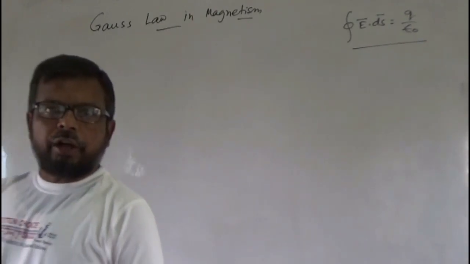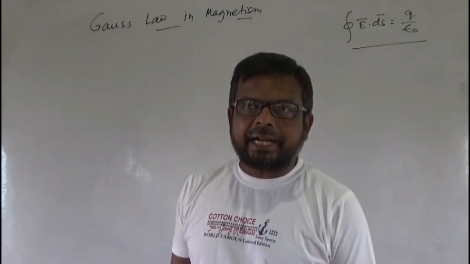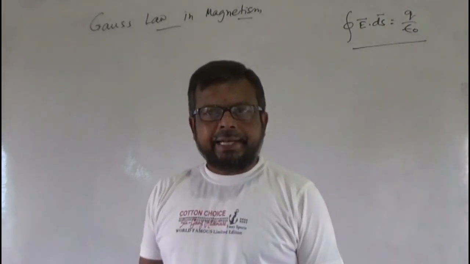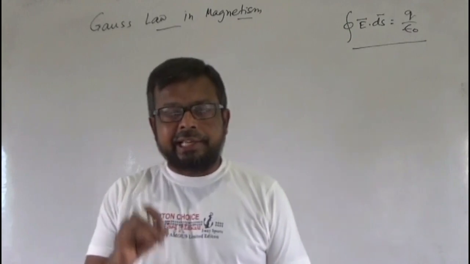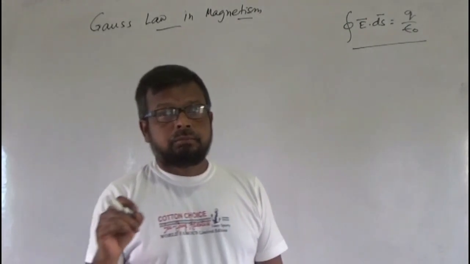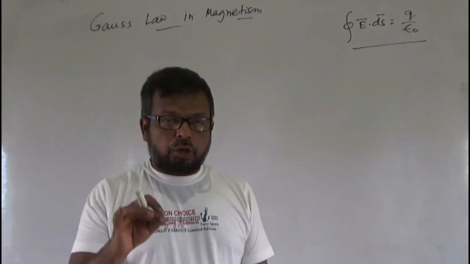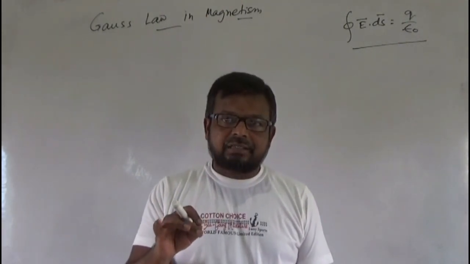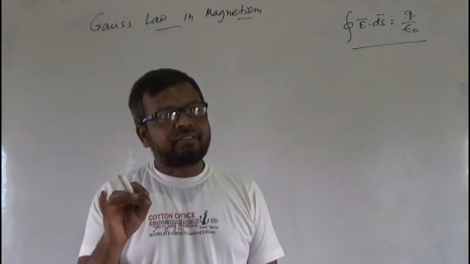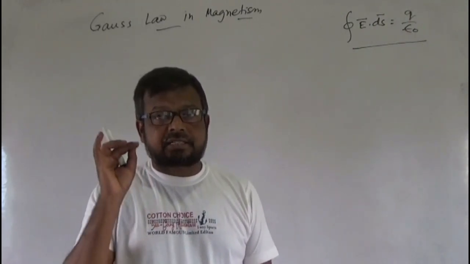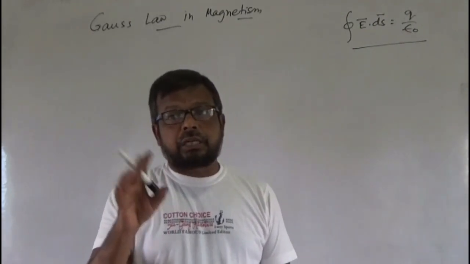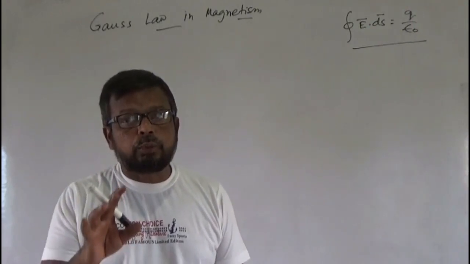Now Gauss's law in magnetism states that net magnetic flux through any closed surface is always zero.